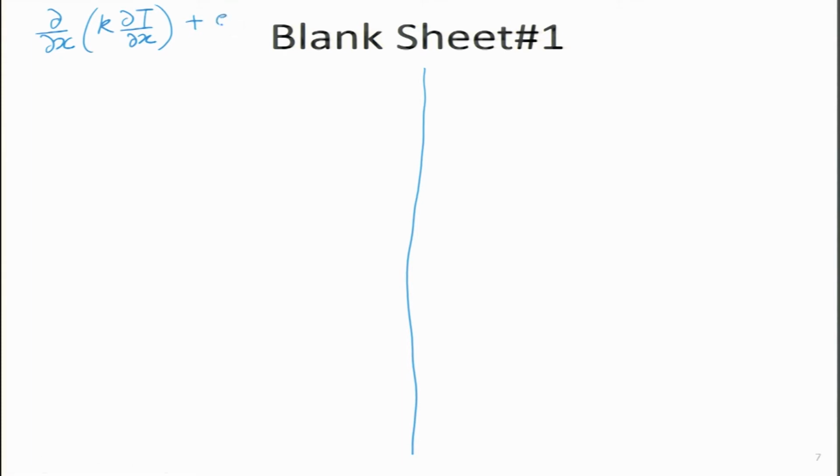So our objective today is to figure out a way in which we can obtain this relation. This is a partial differential equation and also known as the one-dimensional heat conduction equation.